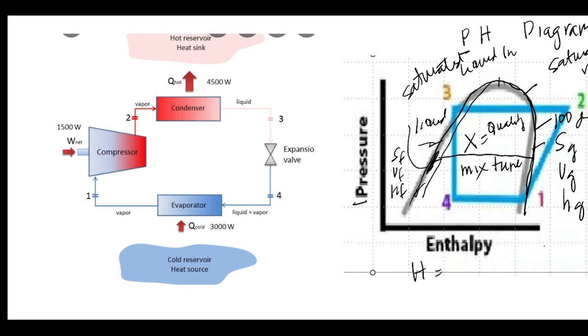The other term for the quality is dryness fraction. Intuitively, when you reach the half, it could be 50%, and then 75, 98, 99, dry.